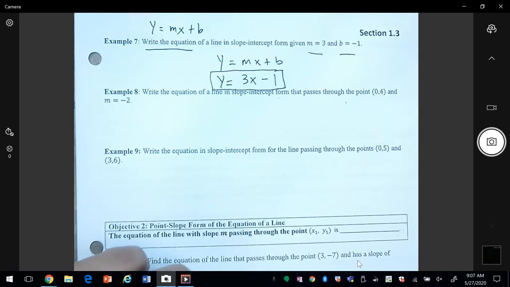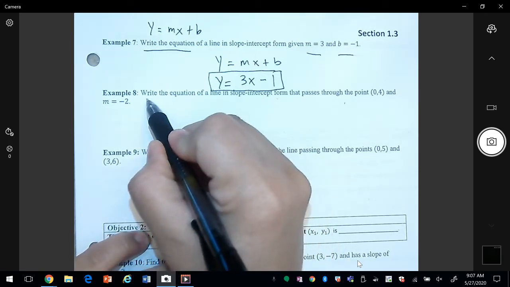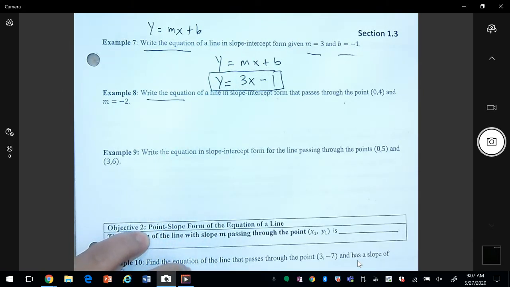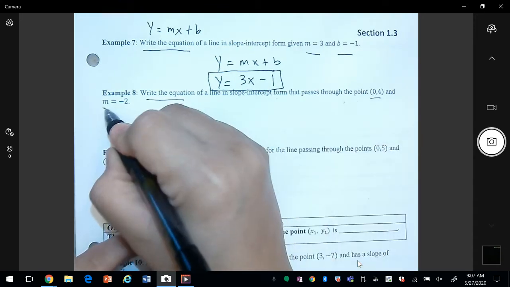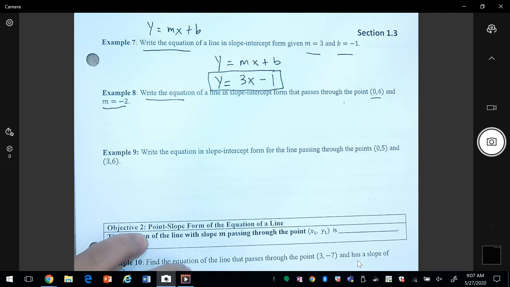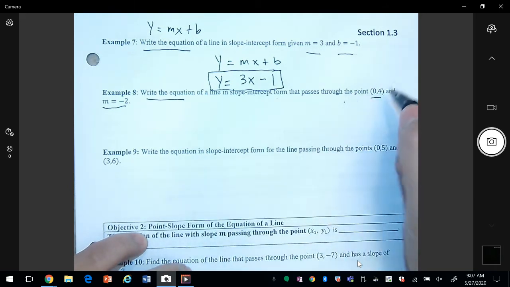Example 8, write the equation of a line. So there are your keywords again. In slope-intercept form that passes through the point (0, 4), and the slope is m equals -2. In this example, they don't say b is equal to some number. However, we can recognize that since x is 0 here, this is actually your y-intercept.